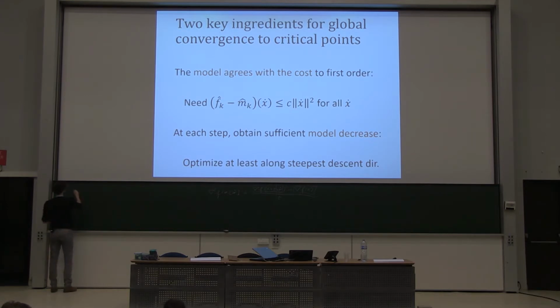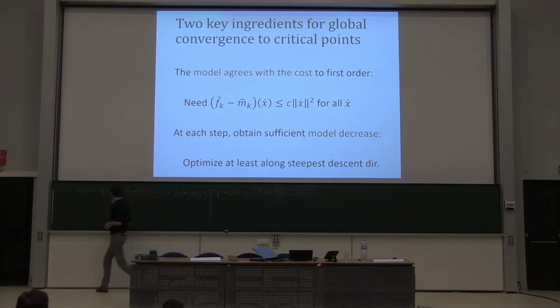So if you remember, m hat at x dot was f evaluated at xk plus the inner product between the gradient of f at xk and x dot, plus 1/2 a quadratic term, x dot, Hk applied to x dot.